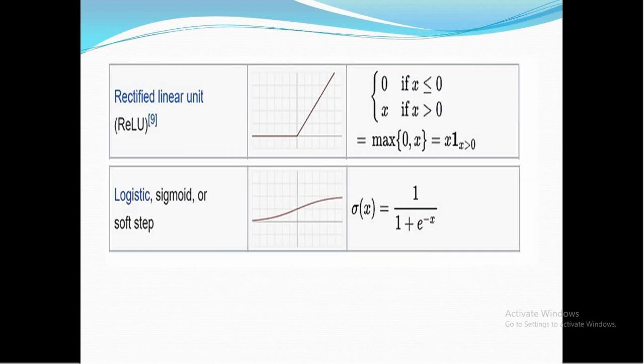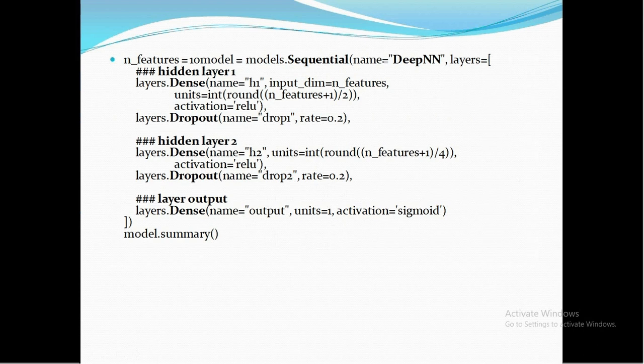Zero if x is less than or equal to 0, x if x is greater than 0. Logistic sigmoid, sigma of x equal to 1 divided by 1 plus e to the power minus x. I am going to assume an input data set of n features and one binary target value.